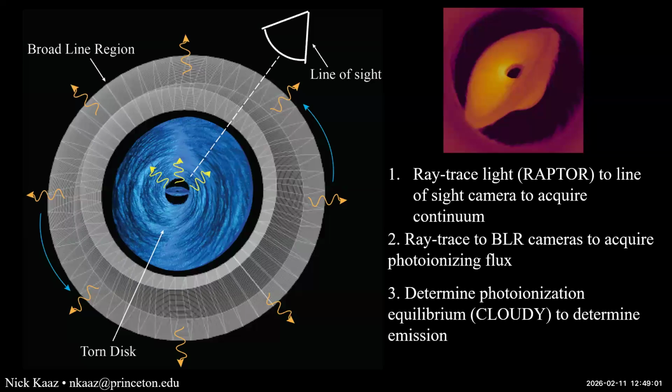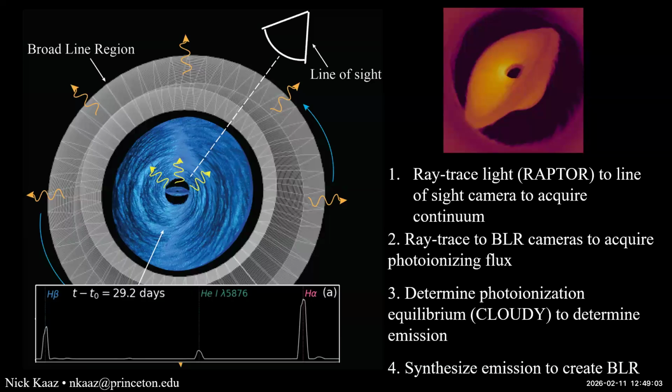And as I mentioned, this structure is rotating, which gives you Doppler shifts, which causes all the lines to be broadened. So for the optical emission lines, you end up getting something like this. Broad H alpha, H beta lines, for instance, that have some structure that is determined by what's happening over here.